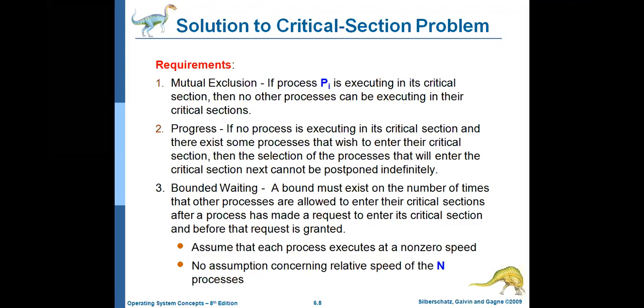After a process comes out of the critical section, it is not allowed to enter again immediately. It has to give a chance to the other processes that have been waiting for a longer time. The same process should not get critical section access every time. That is called bounded waiting.